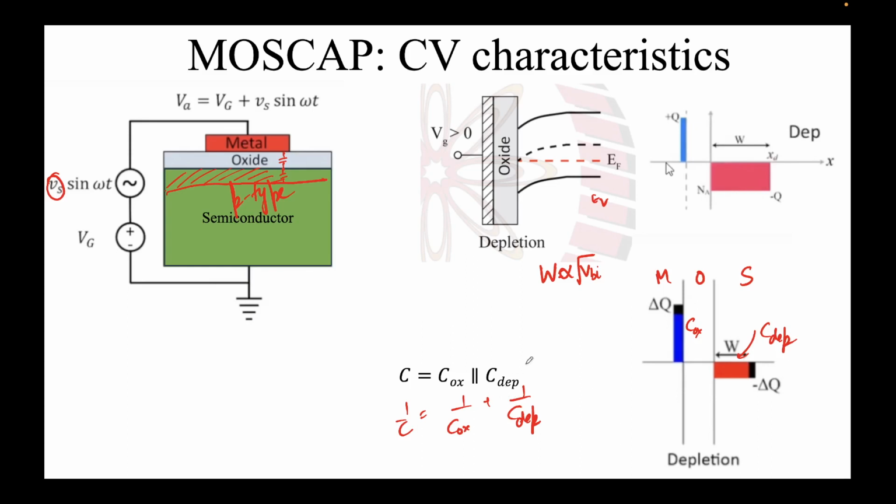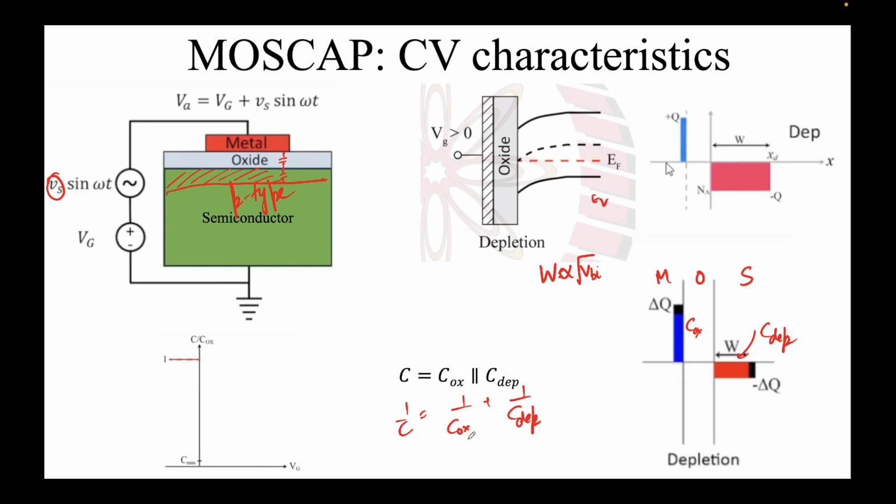Okay, so now let's try to plot it. We had already plotted C over Cox on the y-axis, and the one we saw was on the left side, the accumulation. How will it look in depletion? Cox will not change. When you keep increasing your Vg on the positive side, it will get depleted, right? We're not entering into inversion yet, just depleting.